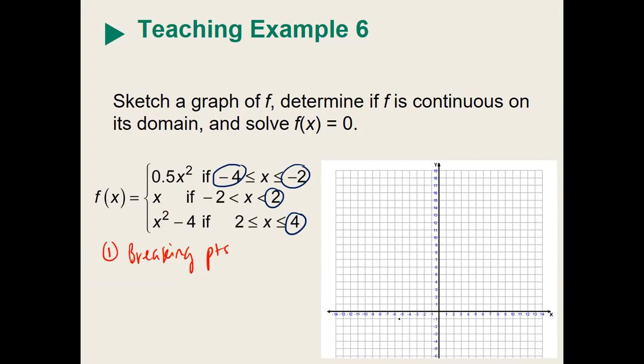On your graph, for your breaking points, you're just putting dashed lines. So at -4, I'm putting in a dashed line. You have to number your graph paper.